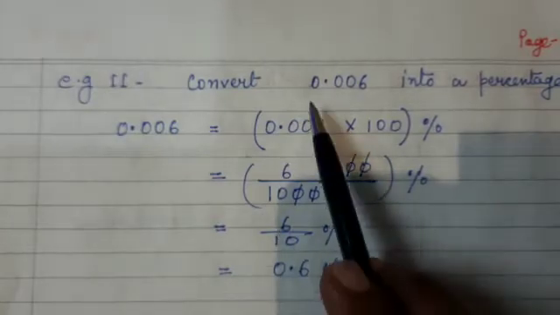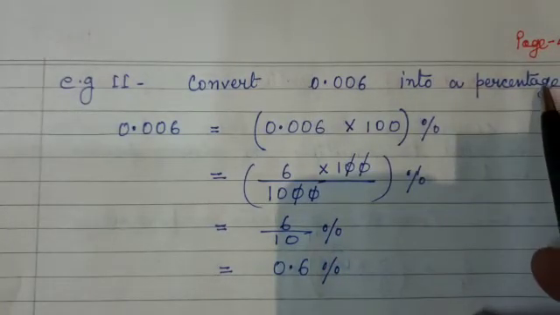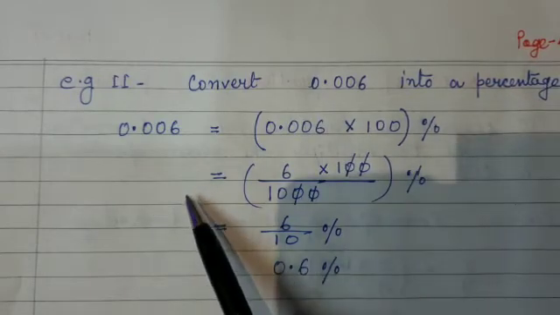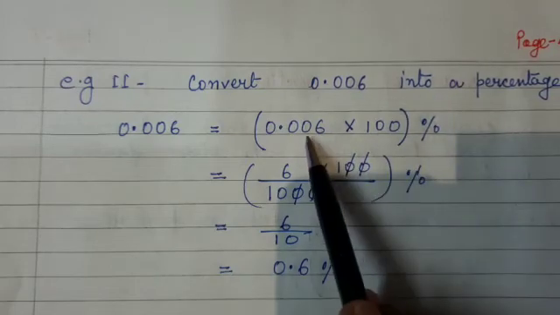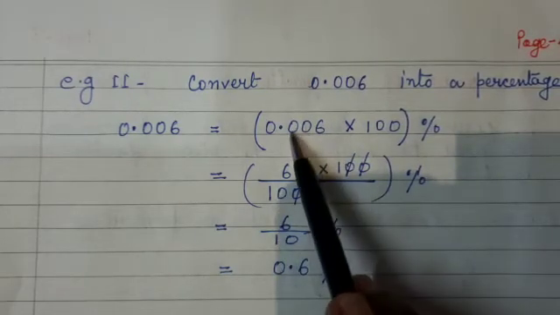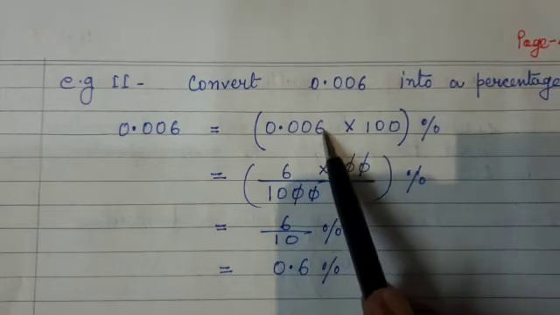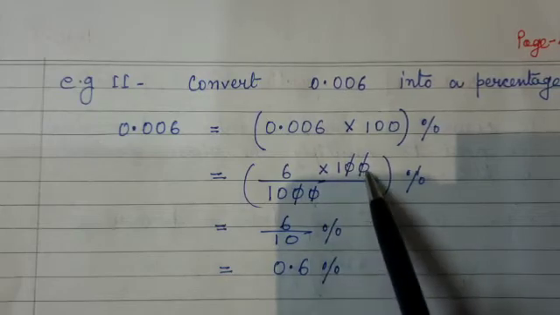Now, convert 0.006 into a percentage. So, 0.006 into 100 and the symbol of percentage. When we convert this decimal number in the form of a fraction, we get 6 upon 1000, because of 3 decimal places, the denominator will be 1000. Finally, 6 upon 1000 into 100.